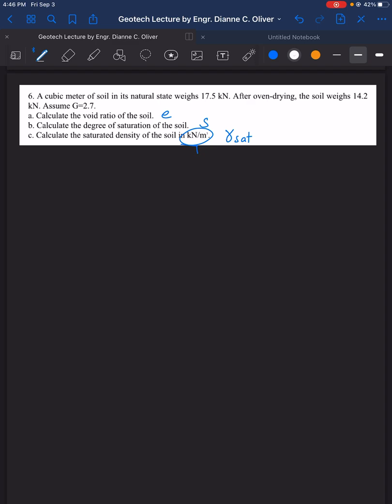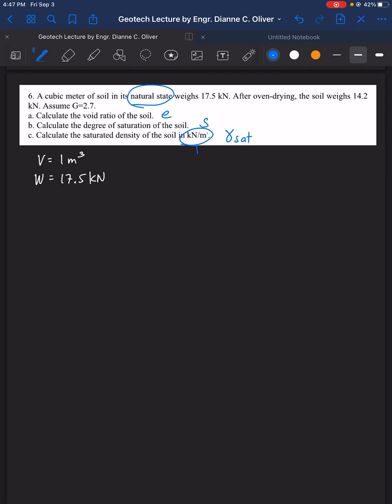Here are the given. The given is a cubic meter of soil. So that's the volume. Volume is 1 cubic meter. And the weight here, W, is equal to 17.5 kilonewton. It says here, natural state.